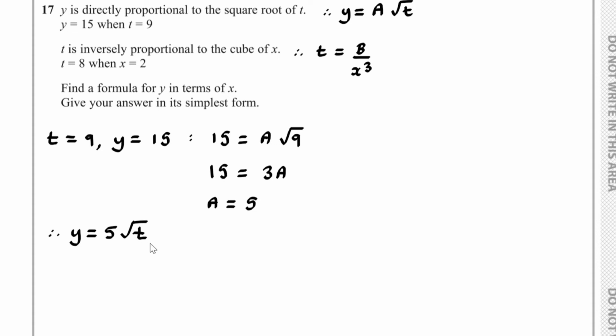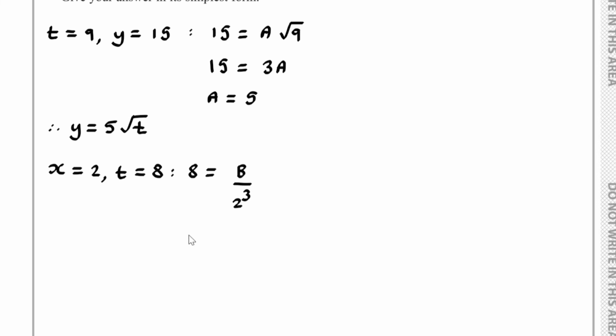Now, what we can do is use the next condition: when x is 2, t equals 8. So we have 8 equals b over 2 cubed. So b equals 8 multiplied by 2 cubed.